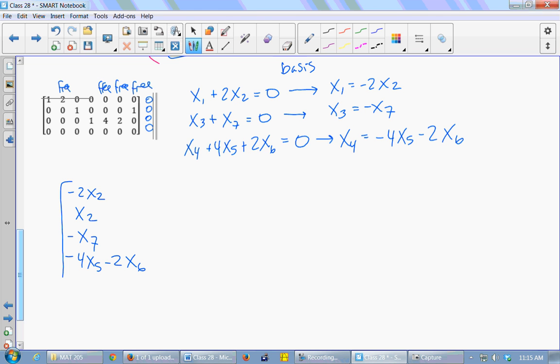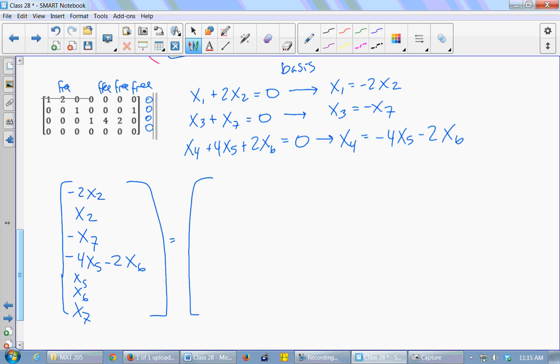That's x1, x2, x3, x4. x5, x6, and x7 are all free. So that's what a typical solution looks like. And then I break it out into parametric vector form.